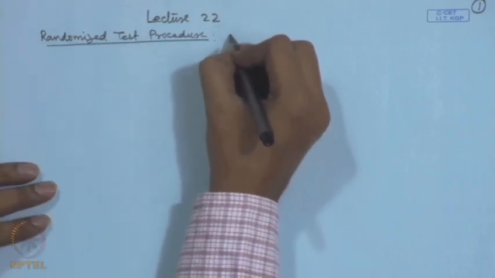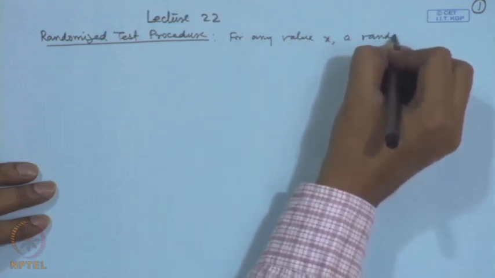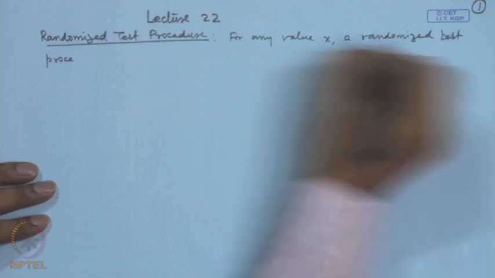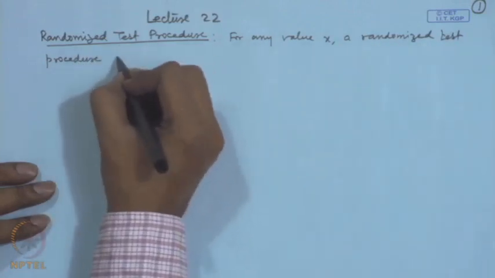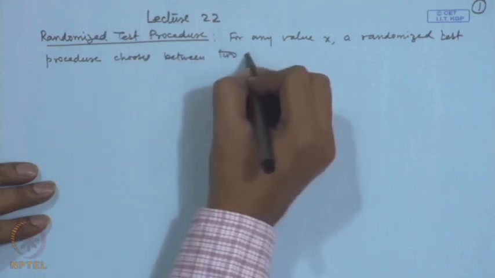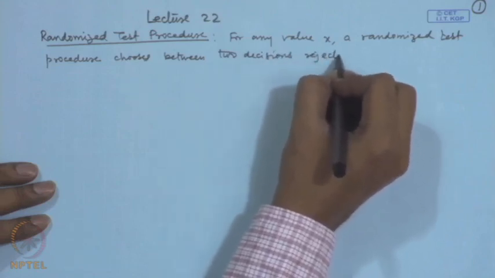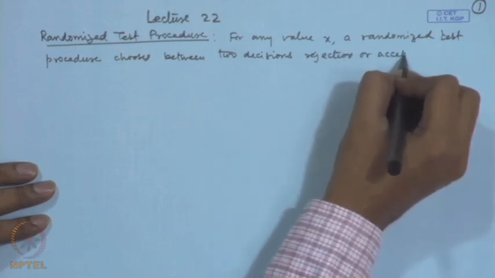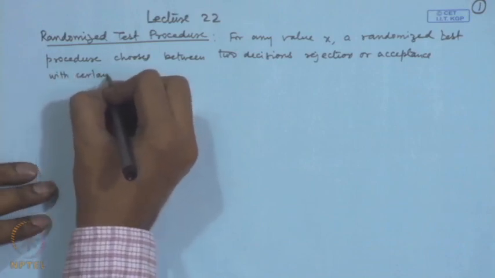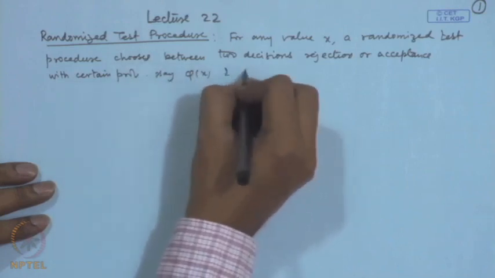So, for any value x, a randomized procedure chooses between two decisions, that is rejection or acceptance, with certain probabilities, say phi x and 1 minus phi x.